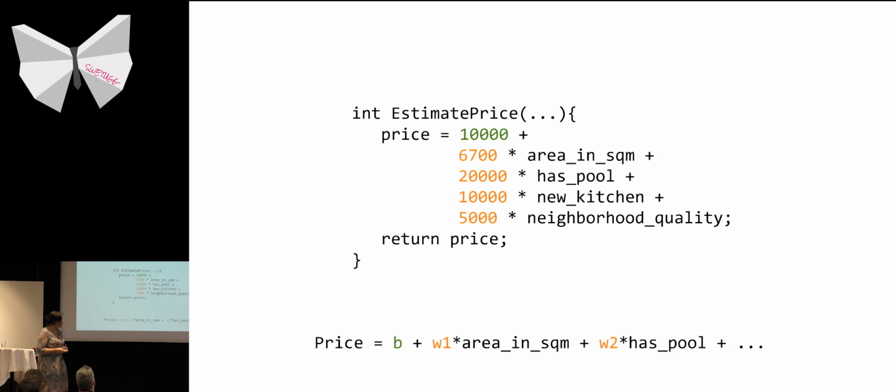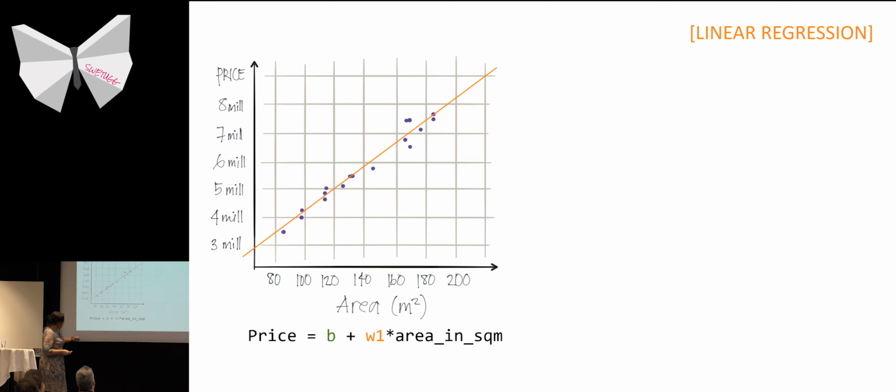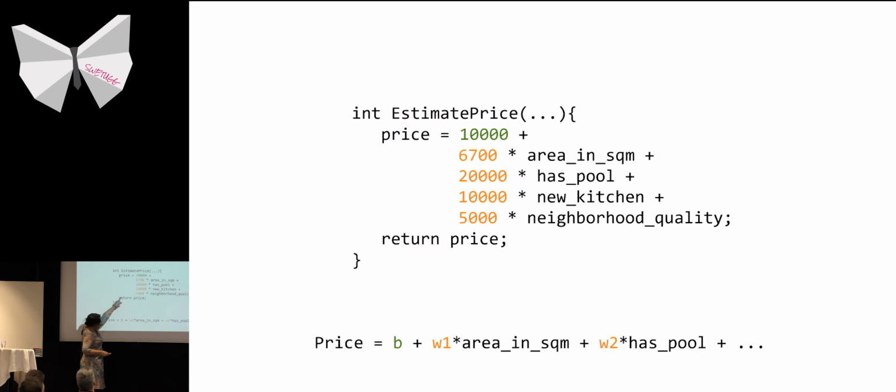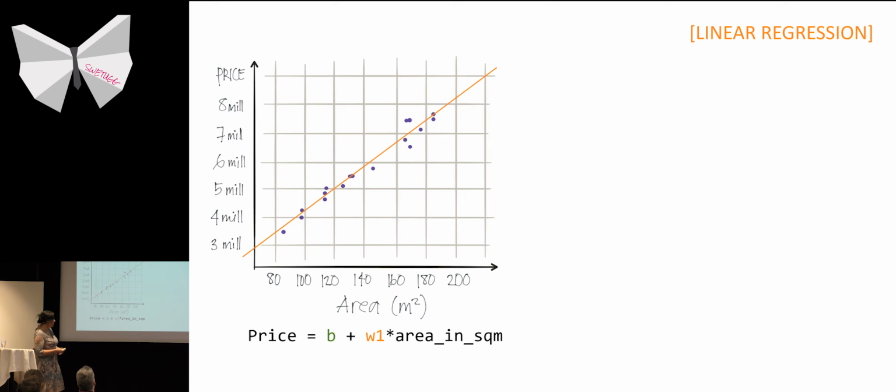And the way that would work is something like this. If we go back here, you'll see that this is actually a mathematical function. And all machine learning is sort of like mapping data to an equation. So if we just take 2 features, the area in square meters, and try to map it against the price, we'll see it has quite a linear relationship.